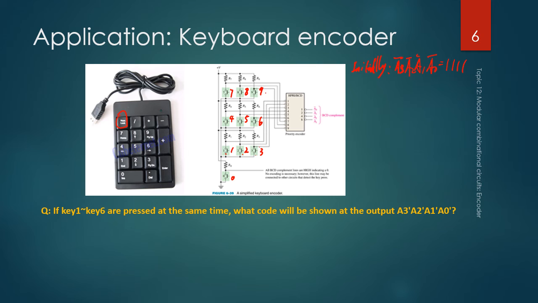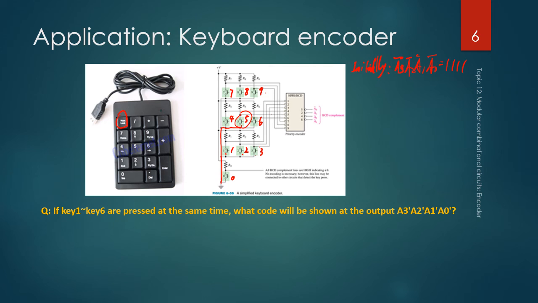Say if one of the keys is pressed, say key 5 is pressed, there is a circuit like here that will pull down the voltage at this point to ground, like logic low.